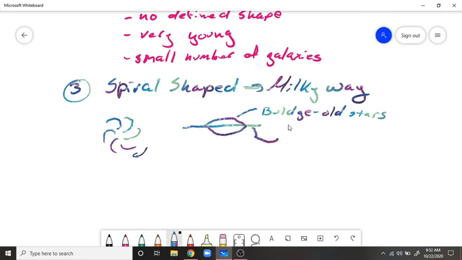It has the thin disk around it, and the disk contains the young stars. Our solar system is in one of these spiral arms. The disk is very thin, and it's very dense.